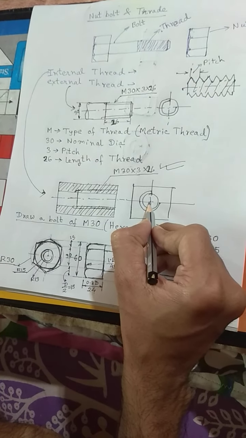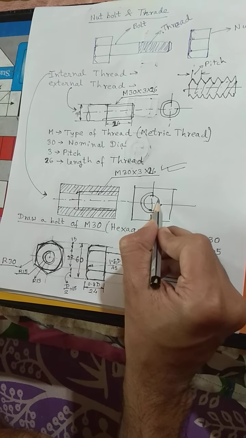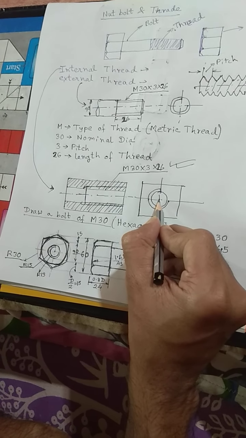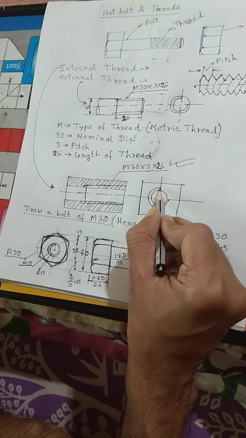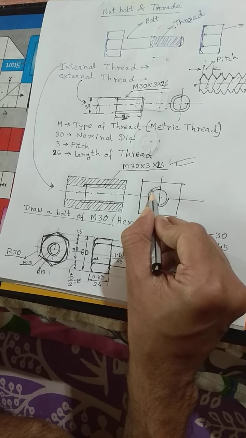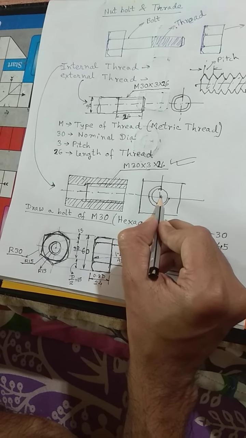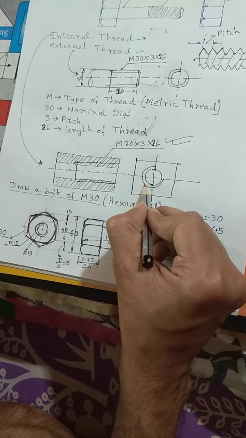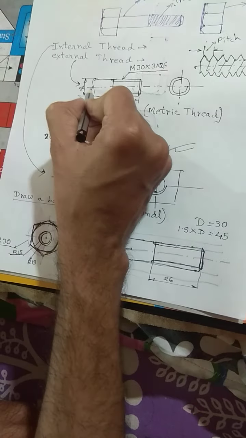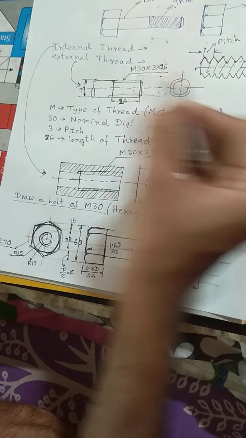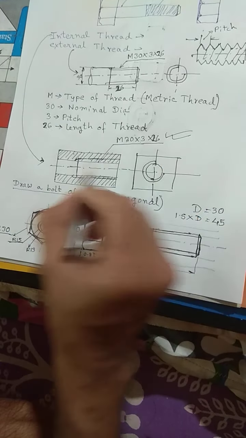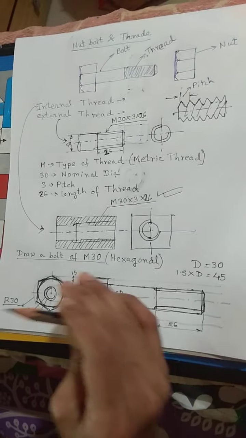And here if the main circle diameter is 30, then the 3/4 circle diameter will be above 30. That means 2 millimeter extra, that is 34 diameter. So for external thread, the 3/4 circle will be internal, and for internal thread the 3/4 circle will be external. So this is the way of how we represent a thread in our drawing.